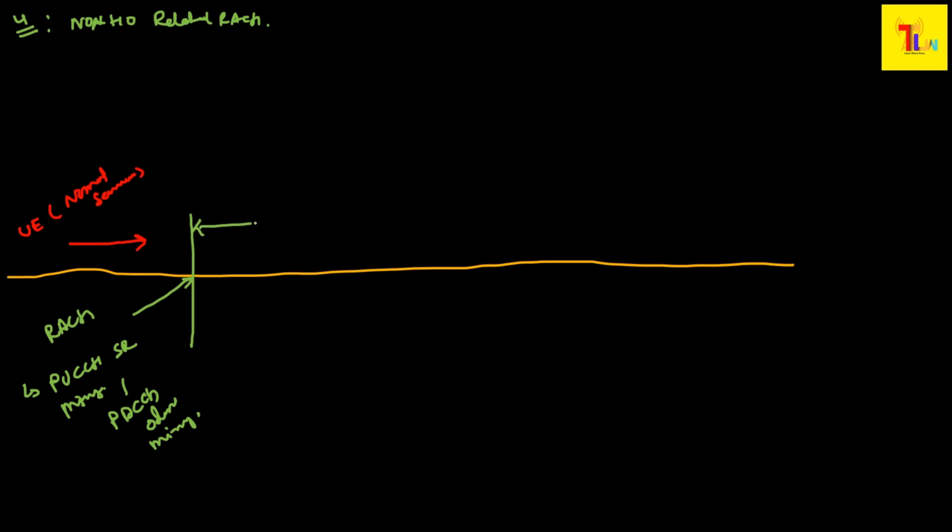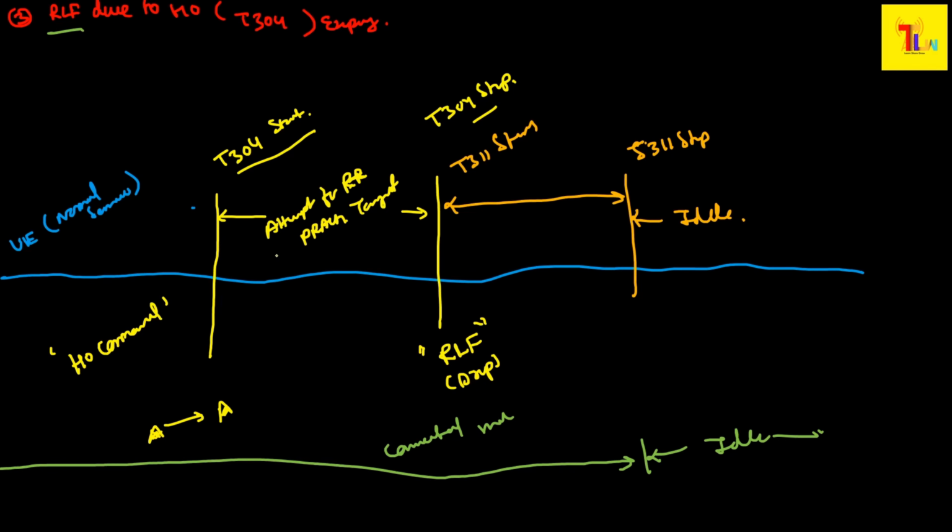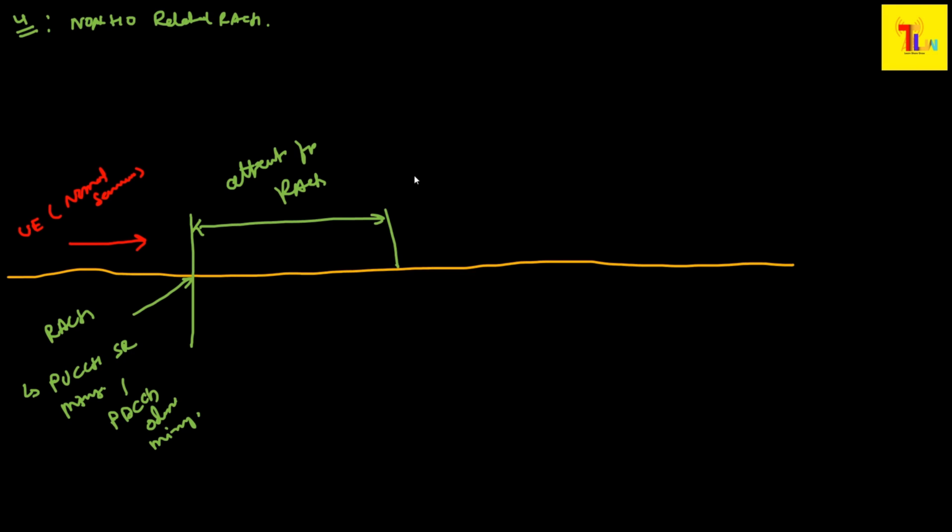In this duration it will be trying to attempt for RACH. In the previous handover scenario, it was also trying to send the PRACH, but it was sending to the target one. In this scenario, we are attempting the PRACH to the serving cell only.